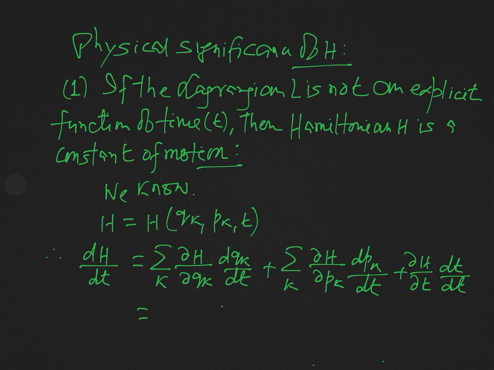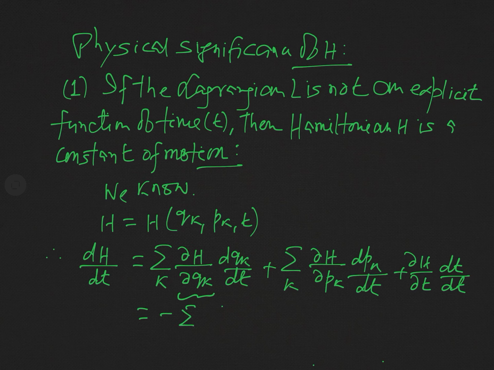and this is, you know, del H by del qk. From Hamilton's equation we know that this del H by del qk is equal to minus pk dot.